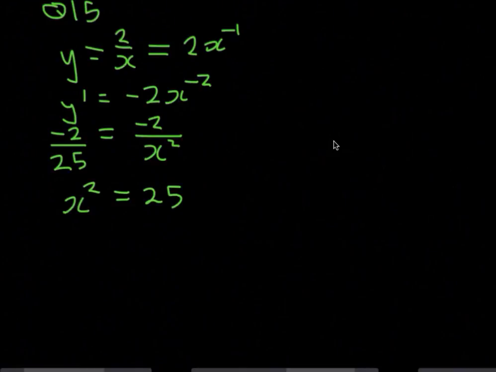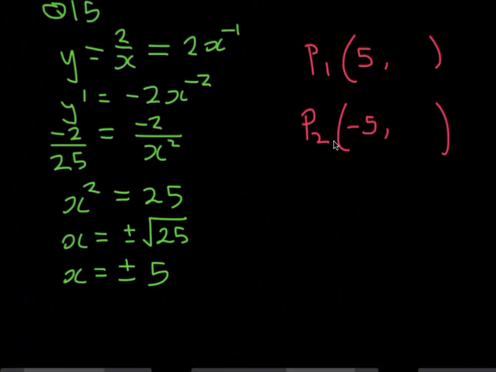And if x squared is equal to 25, then x has to be equal to plus or minus the square root of 25, which means x has got to be equal to plus or minus 5. That tells us that we've got 2 points. The first point's going to have an x value of 5 and the second point's going to have an x value of -5. We need to find out what the y values are for those 2 points.